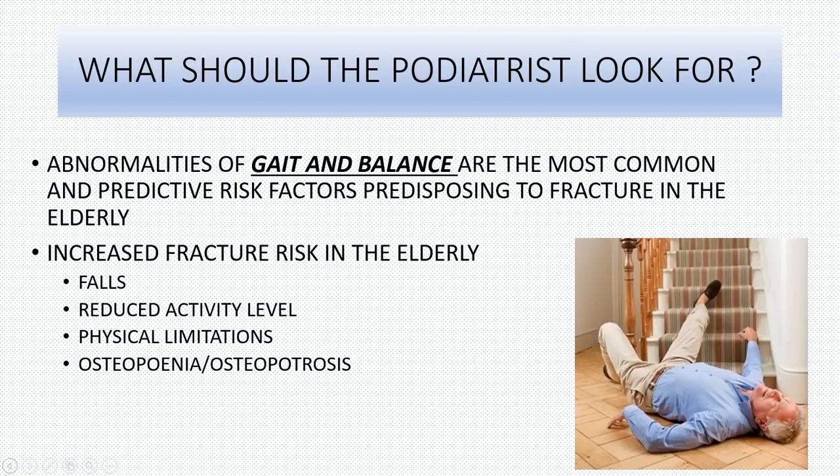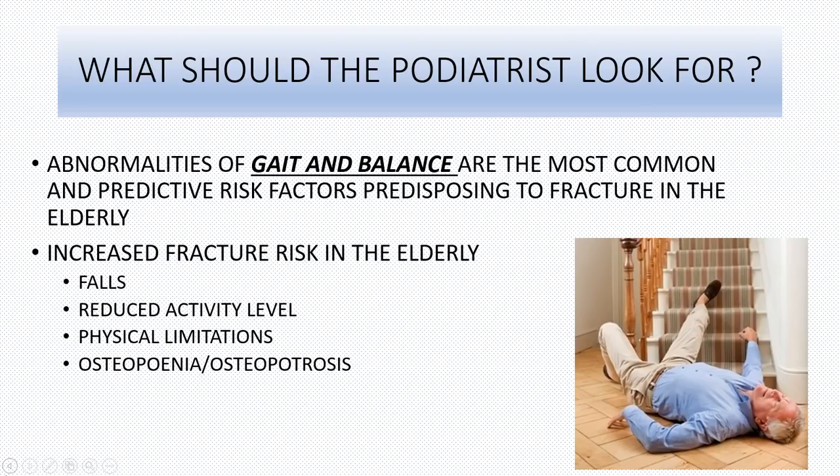We know that we can assess these patients' gait and balance because that increased fracture risk is associated with falls, reduced activity level. There's no reason we can't inquire from the family or the patient regarding their fall history, regarding their activity level, and assessing that patient generally and encouraging them to participate more in physical activity.